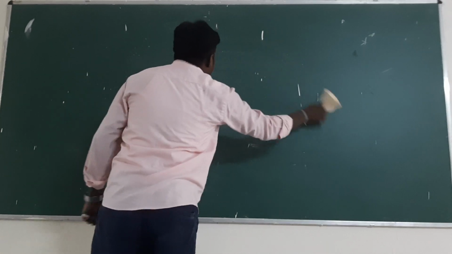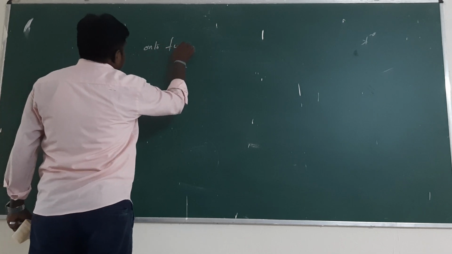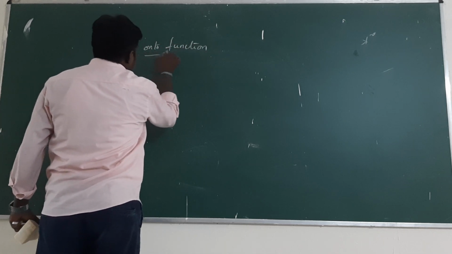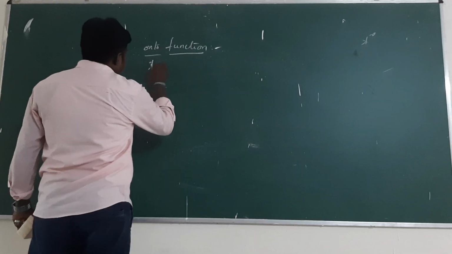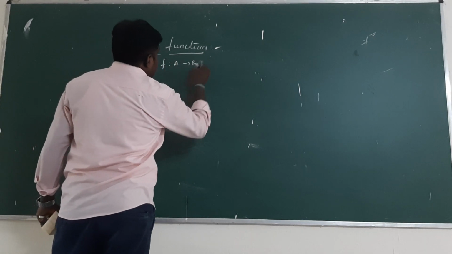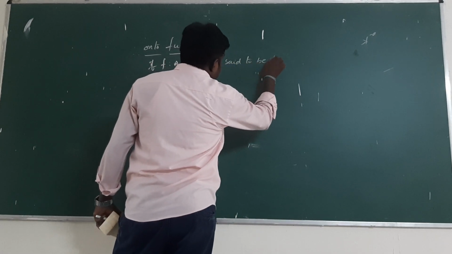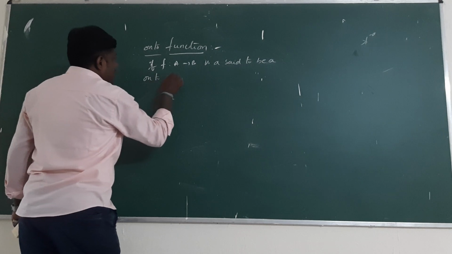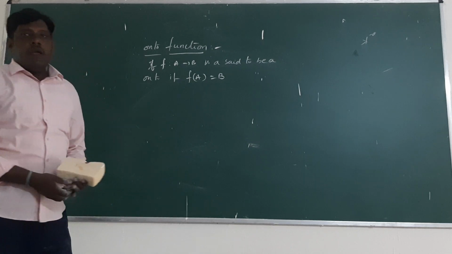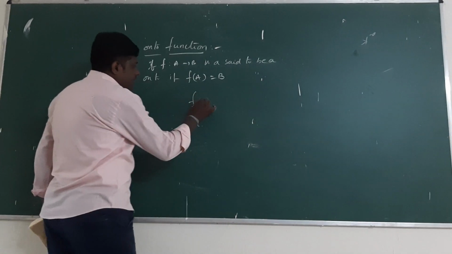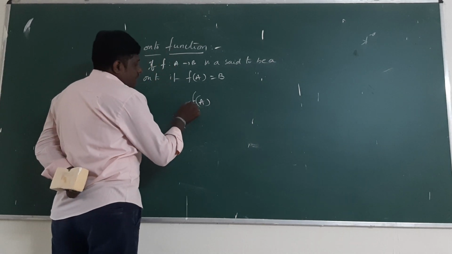The next one is onto function. Onto function. A function f from A to B is said to be onto if f of A is equal to B. What is the meaning of f of A? The meaning of f of A is nothing but the image of f.